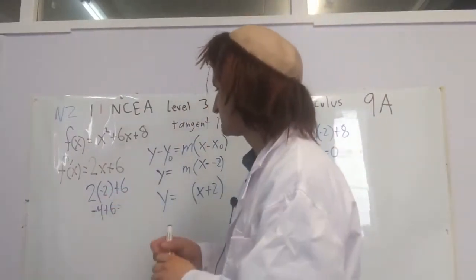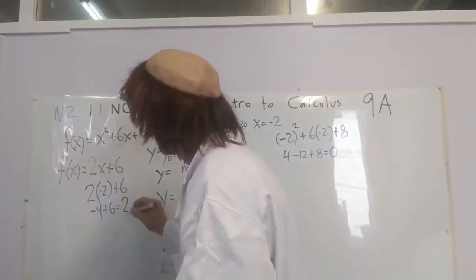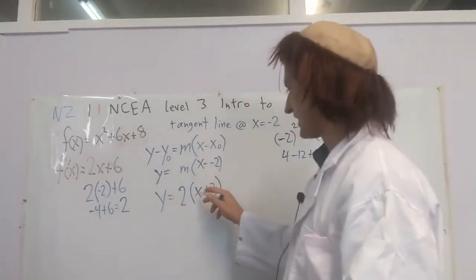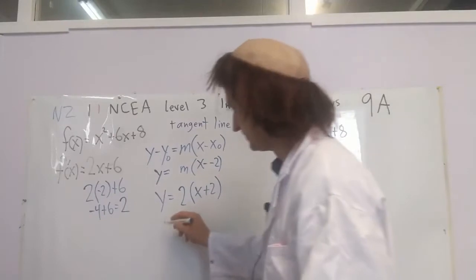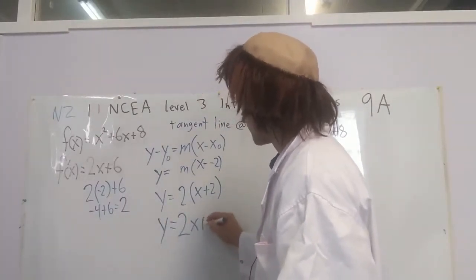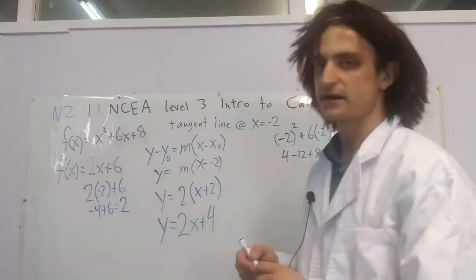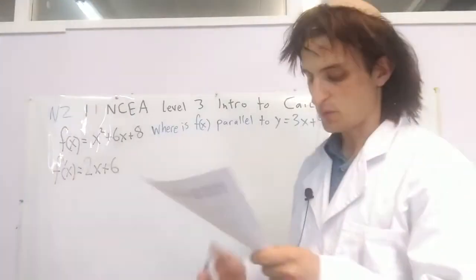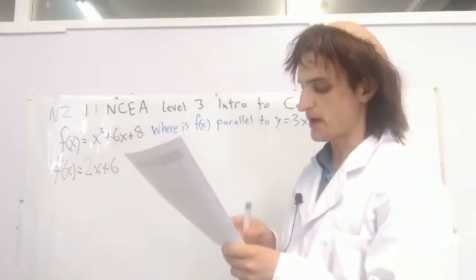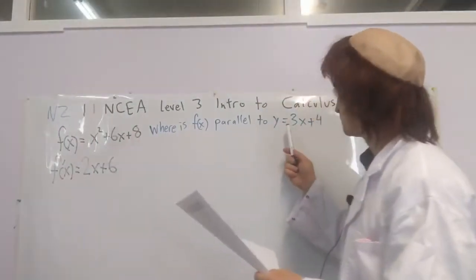Negative 4 plus 6 equals 2. y equals 2 times x plus 2. y equals 2x plus 4. And there's our answer.